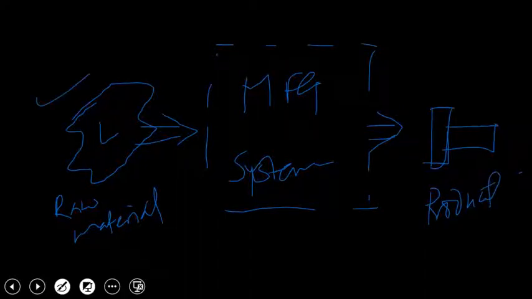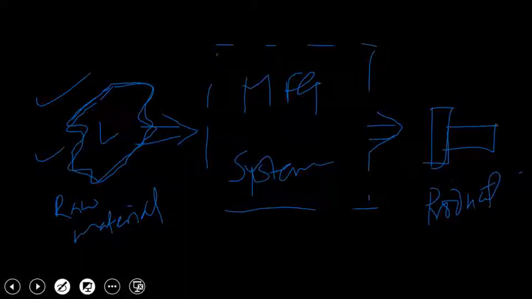Now, if I say the usefulness of this raw material in its raw shape, some random shape, okay, how can I use this raw shape? Can I put it in some application directly? No. Hardly, I can throw it at somebody's face, right?